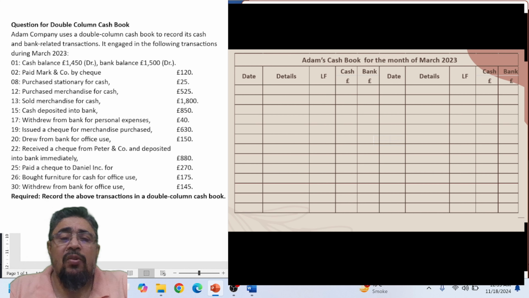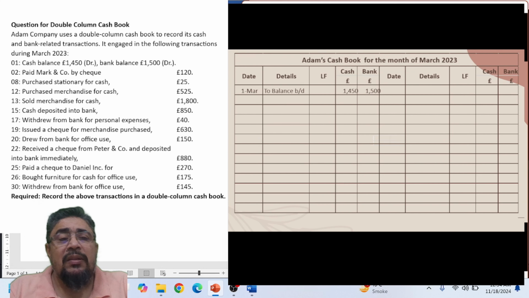If no debit or credit is mentioned, it is understood to be a debit balance. On 1st March, on the debit side, we will write the opening balance. So here you can see 'To balance brought down'. In the cash column, we will write the cash amount, 1450, and in the bank column we will write the bank amount, 1500.